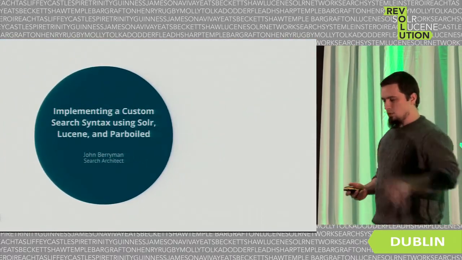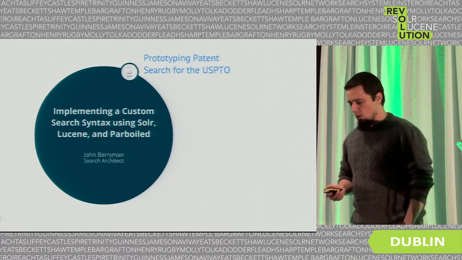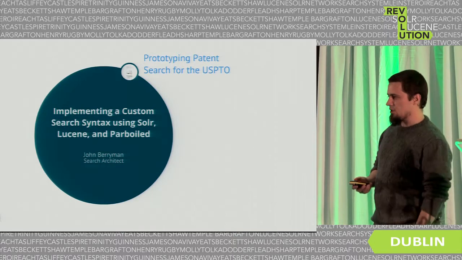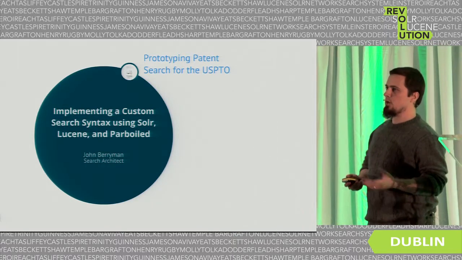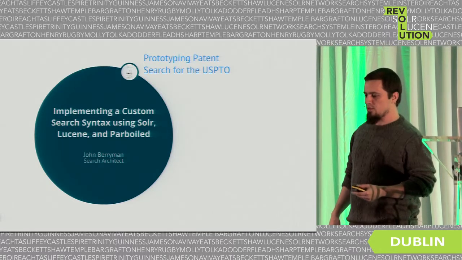So anyway, getting back to implementing the custom search syntax. Today we're going to talk about the example problem that I had with my work with the United States Patent and Trademark Office.